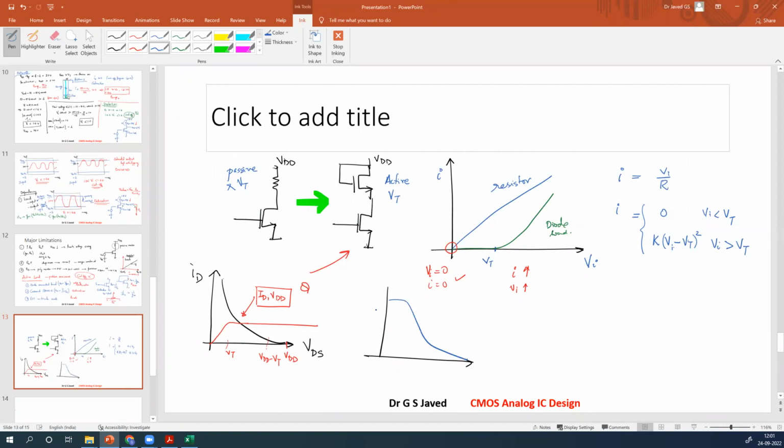So this is your transfer function. What is the transfer function notated as? Your output by input. So what is the main transistor saturation region? dV out by dV in has to be very large compared to 1. Then only it is called in saturation. Understood? This is going to be the transfer function.